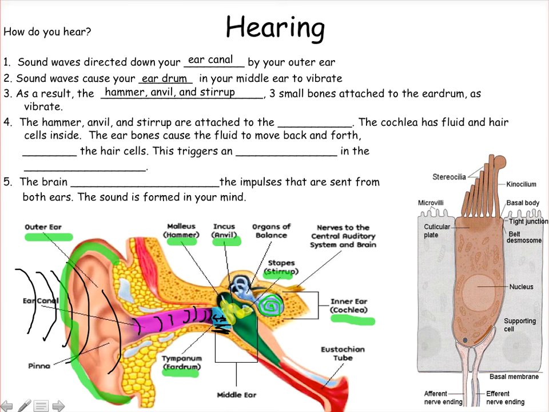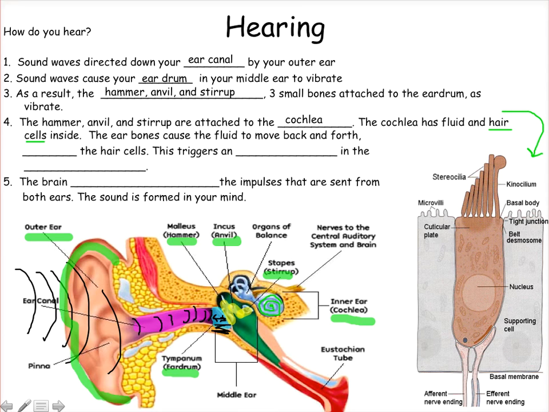Okay, so when the hammer and the anvil and the stirrup move, they are going to move the cochlea back and forth. Now, you can't see it from the picture, but inside the cochlea are the sensory receptors for sound. And those sensory receptors are called hair cells. We see an example of the hair cells right here.